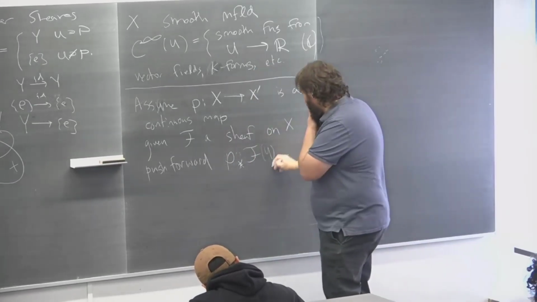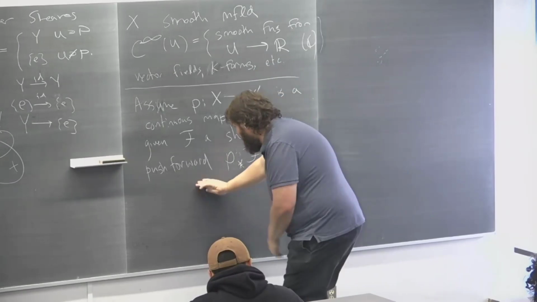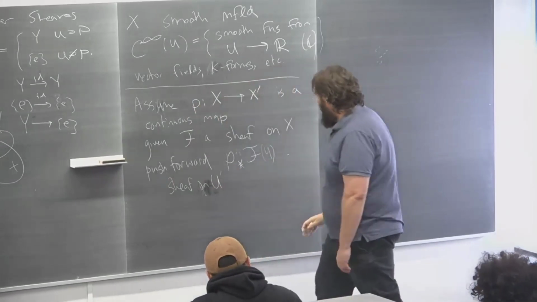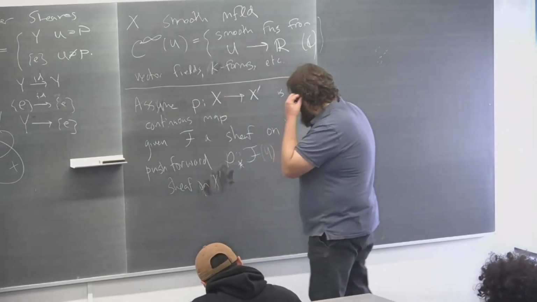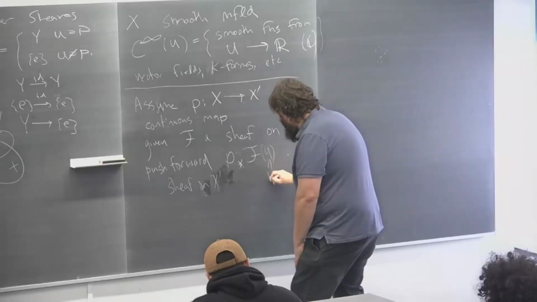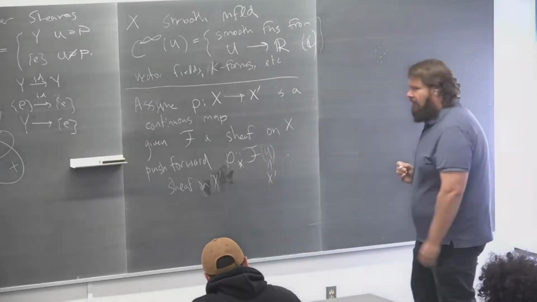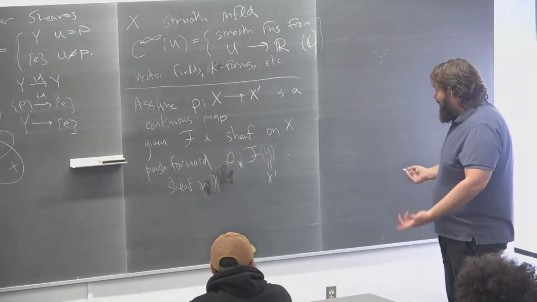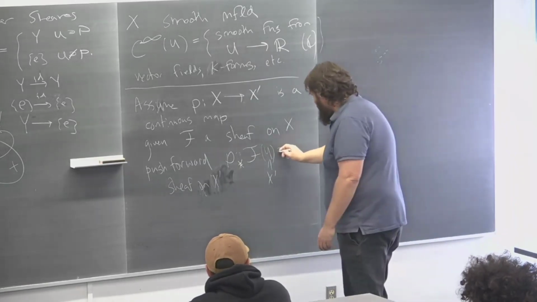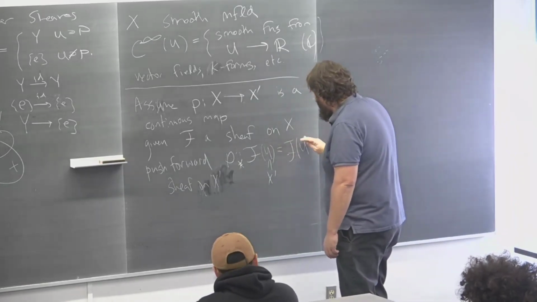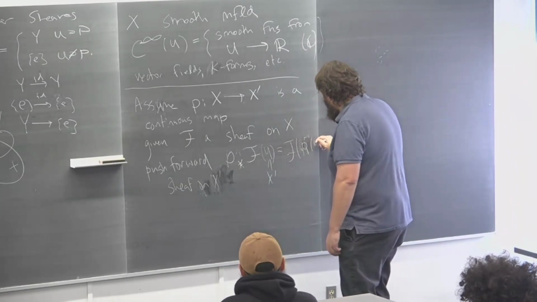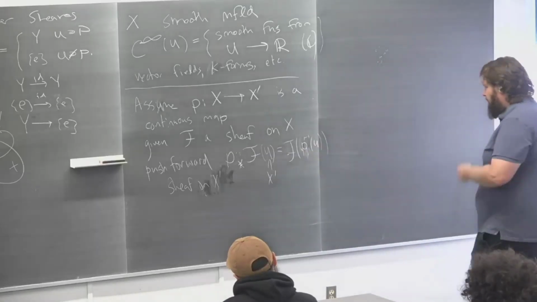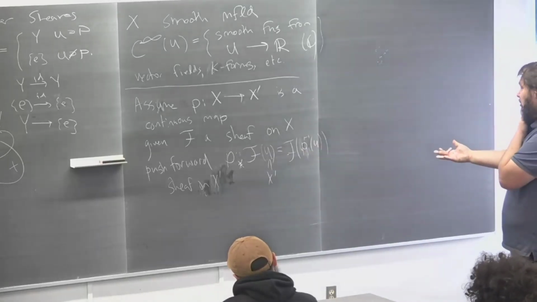So I have to tell you what this is on an open subset, and this is going to be a sheaf on X prime. So I have to tell you what this is on U, a subset of X prime. And how can I take a subset of X prime and make a subset of X? Well, there's one reasonable way to do it, which is I can take F of P inverse of U. Right, so this defines a sheaf on X prime.